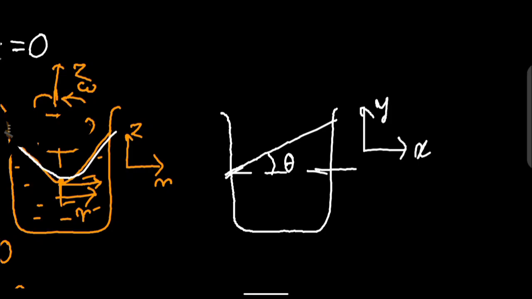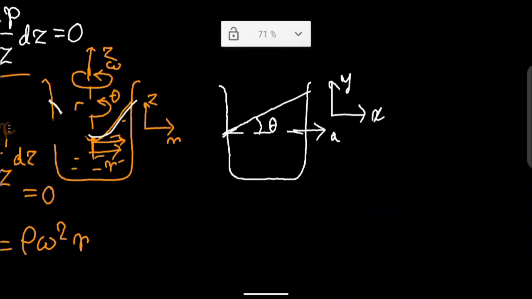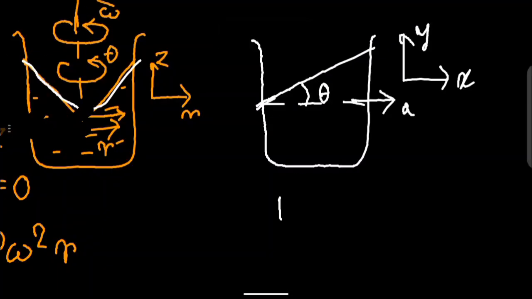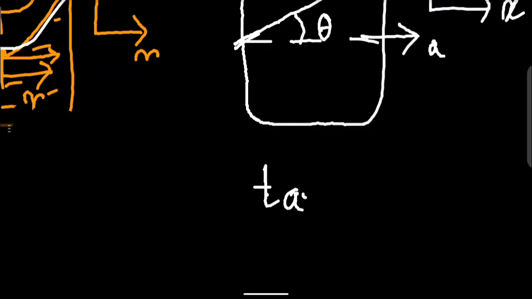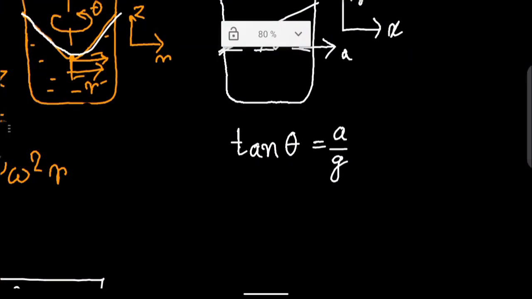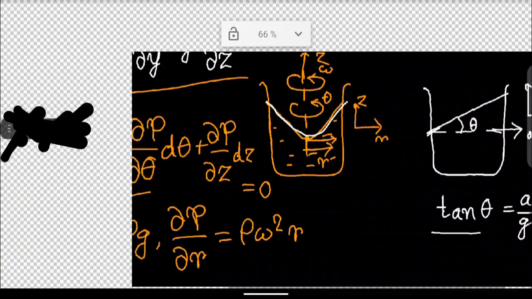Just give me a second. Yeah, this would be the direction of acceleration. So it is being dragged here. So I think you know that tan theta is given by a by g, and for your practice you can just derive tan theta equal to a by g by this method.